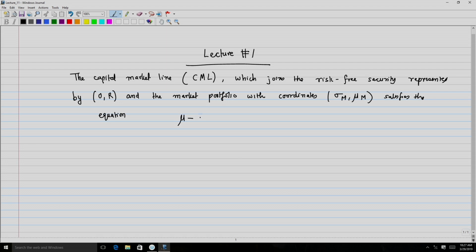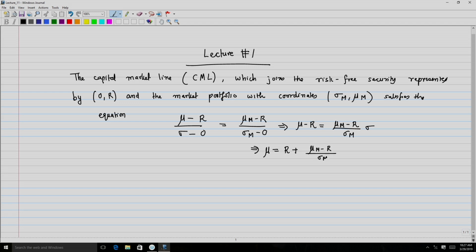So, it is going to be (mu minus r) over (sigma minus 0) is equal to (mu m minus r) over (sigma m minus 0), which implies that mu minus r is equal to (mu m minus r) divided by sigma m multiplied by sigma, and this can be written in the form mu is equal to r plus ((mu m minus r) over sigma m) into sigma.